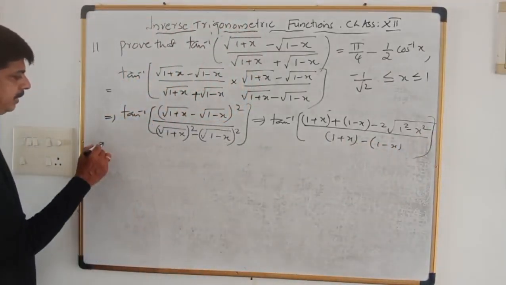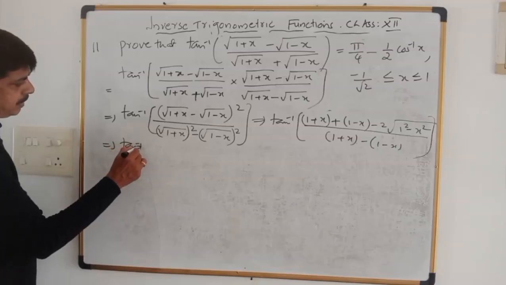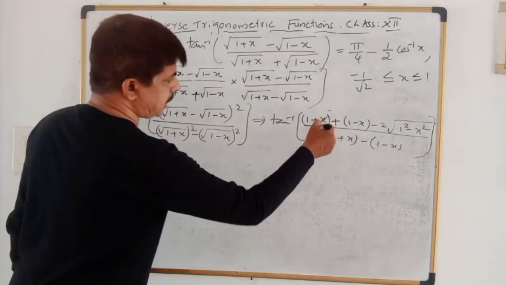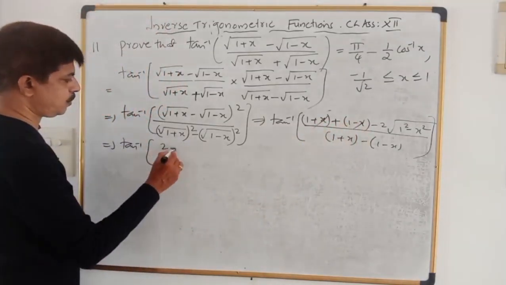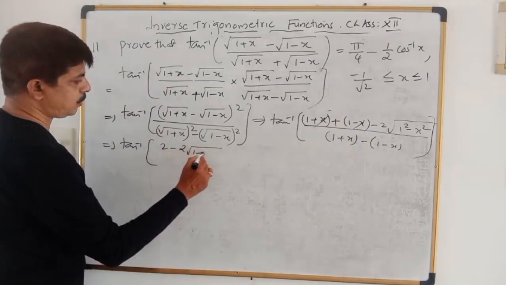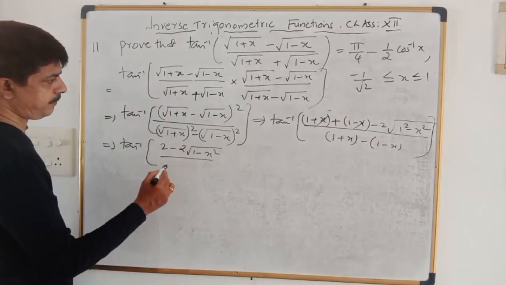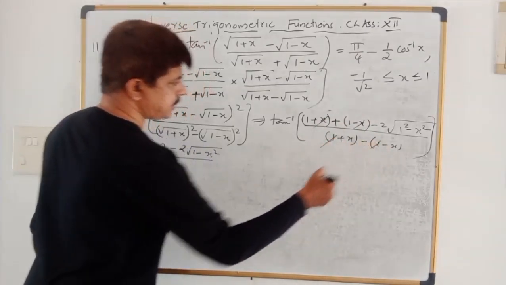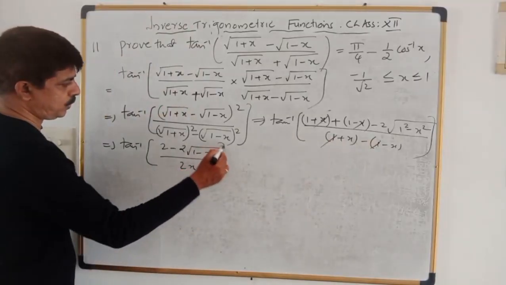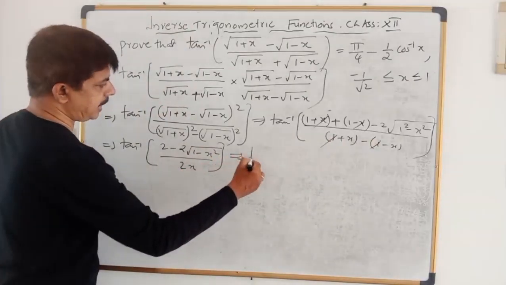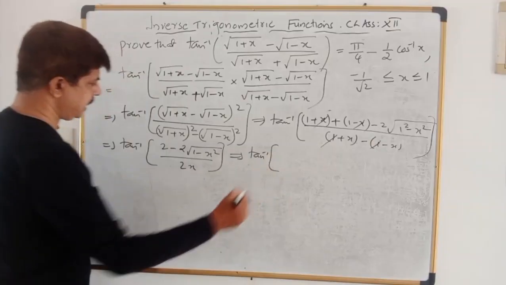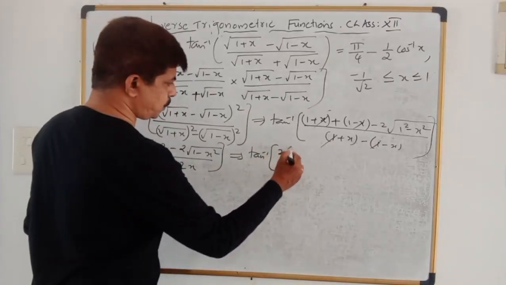Now we have to simplify for the next step. Simplifying, x is cut, 2 minus 2 bracket root of 1 minus x square, by 2x. Here also 1 is cut. So we get tan inverse, with the bracket again taking 2 common outside.